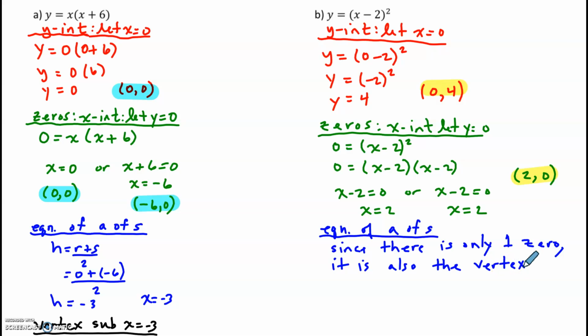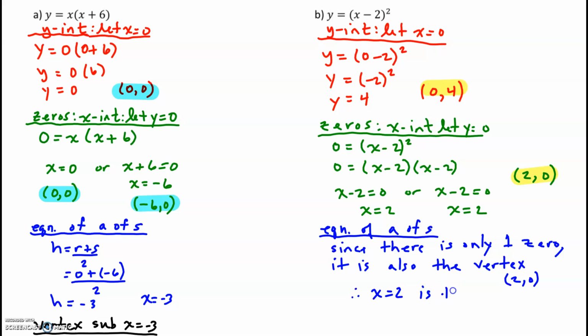So therefore, if the vertex is going to be (2, 0), the same as the x-intercept, that means that x equals 2 is the axis of symmetry.